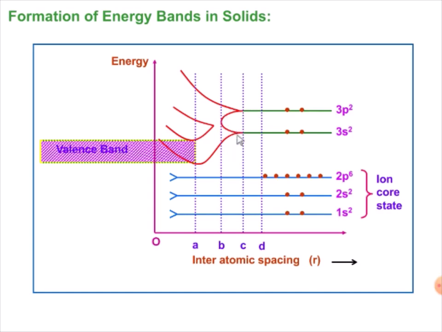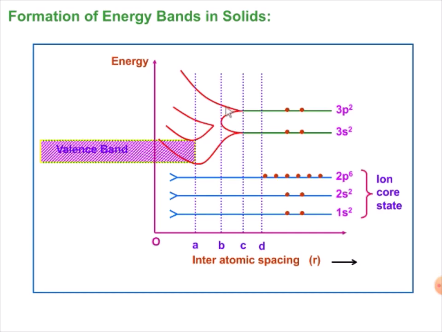This spreading of energy corresponding to the 3s and 3p levels of an isolated atom is what we call an energy band, because there are a large number of atoms in the crystal.